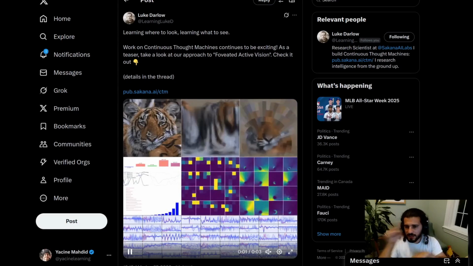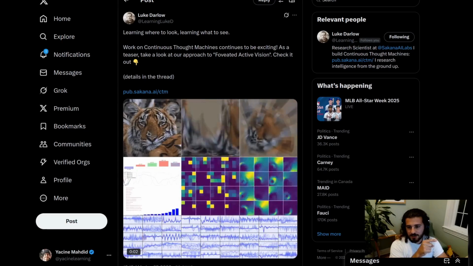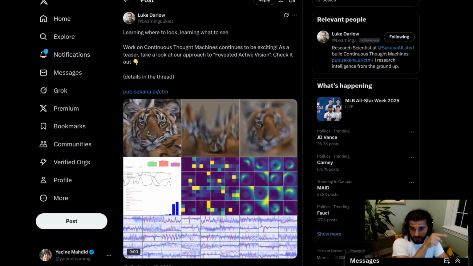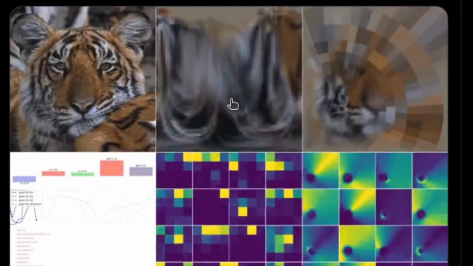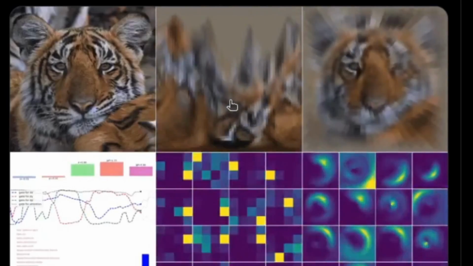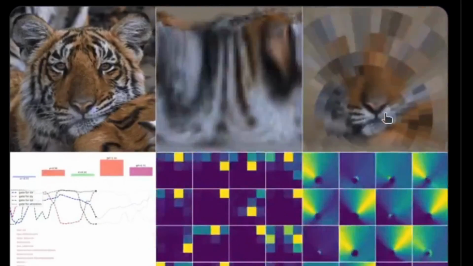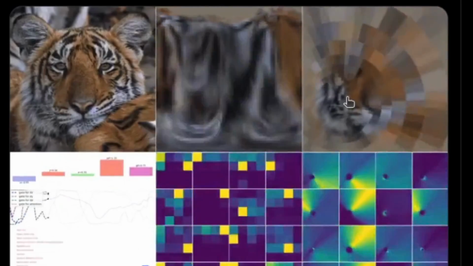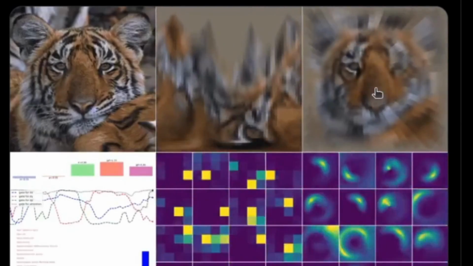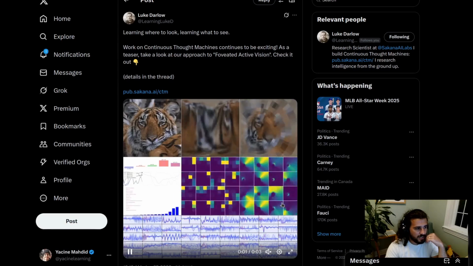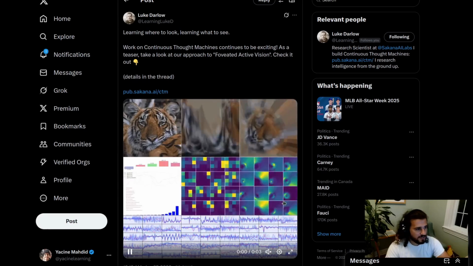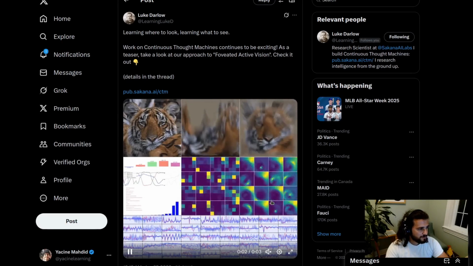You remember the arrow thing that we were seeing? This is the same thing, but with this fovea instead. And then they project back to something that we see better. This is the periphery, this is the focus area, and here you see all the attention heads looking at different things at different resolutions.